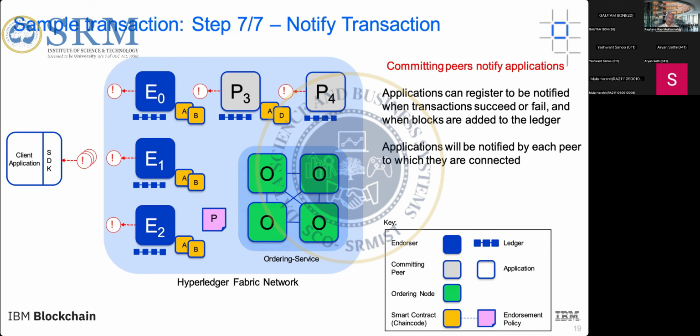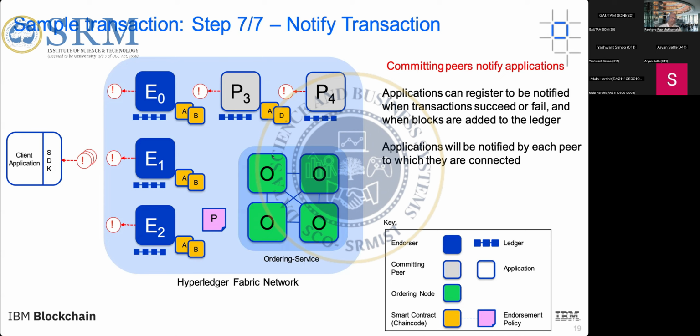And once the block is valid and it is added to the local store, the local chain of stores and the local ledger, the information will be sent back to the client. If the client is signed up for receiving the events, so for example, let's say this client is only signed up for events E0, E1, E2, then it will receive all three events.